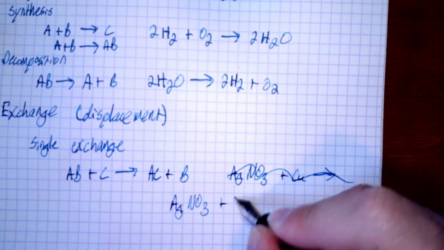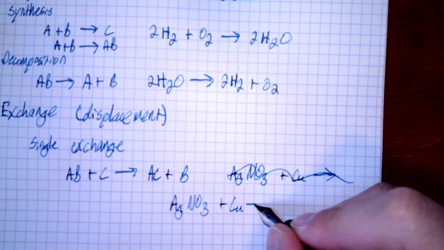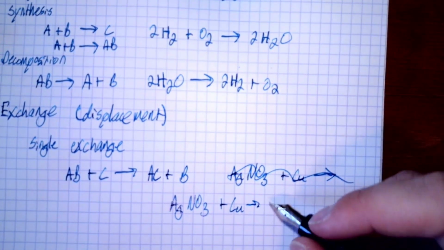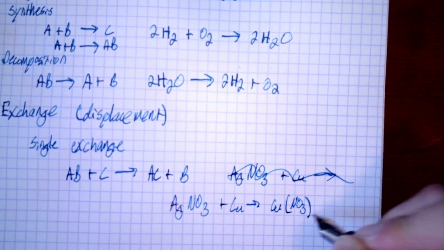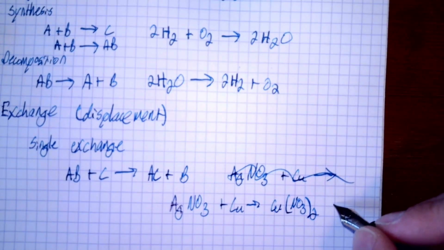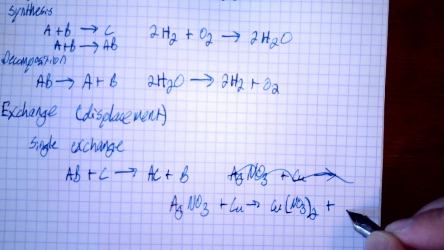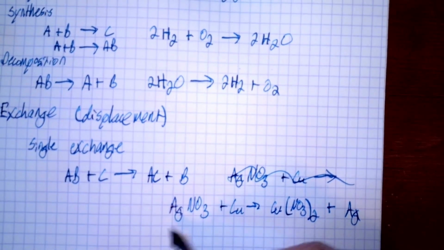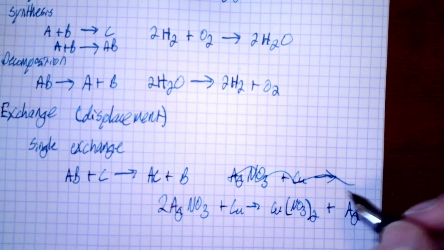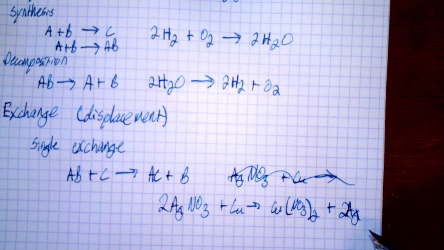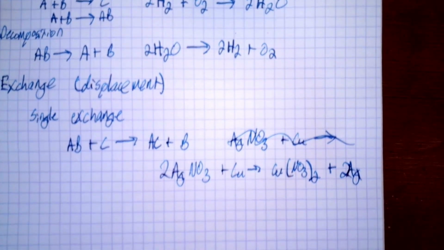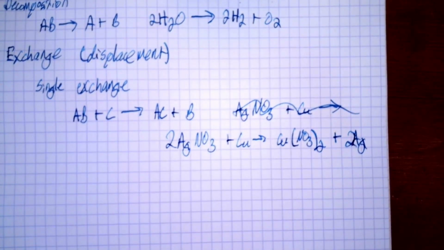AgNO3 plus copper. That's going to react to form CuNO3 taken twice plus Ag. Now, of course, this is not balanced. Let's go back through and balance this. I believe that will have us balanced. That is a single exchange reaction, though.